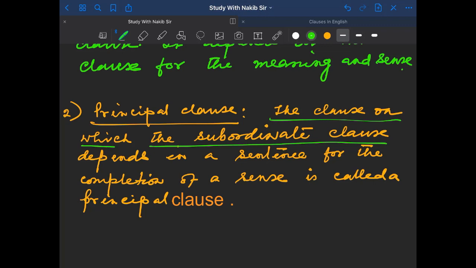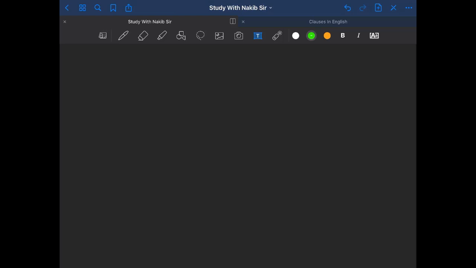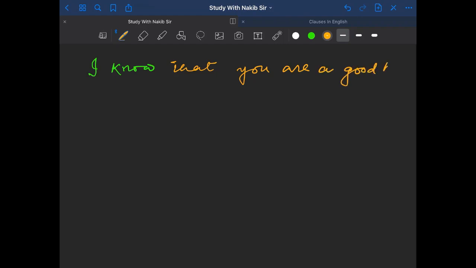Now see the example. From the example, you can clarify your idea. The example is, I know that you are a good boy. That you are a good boy is a part.